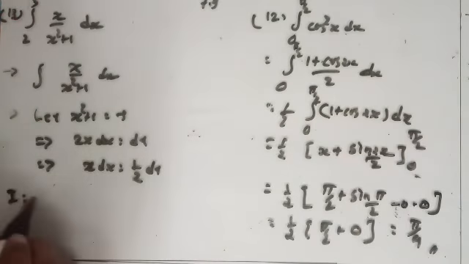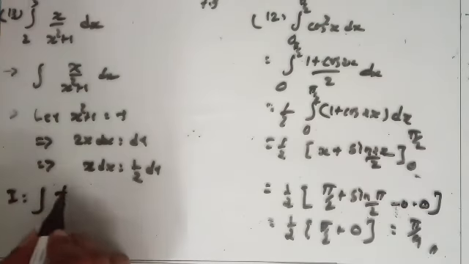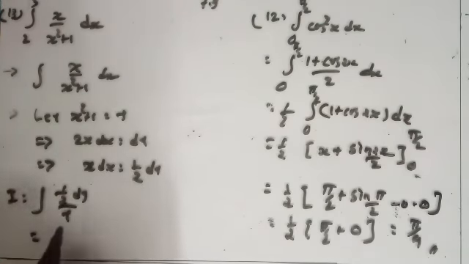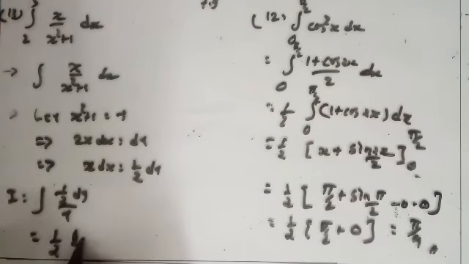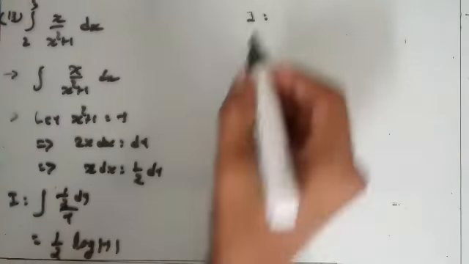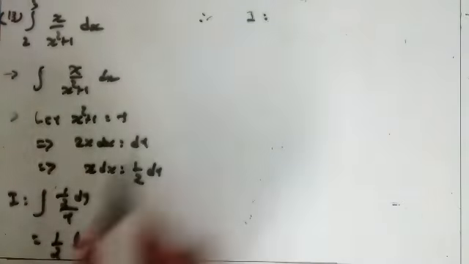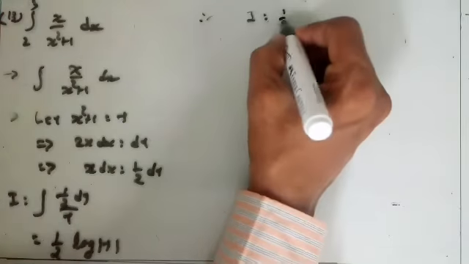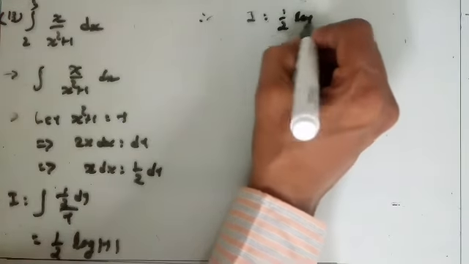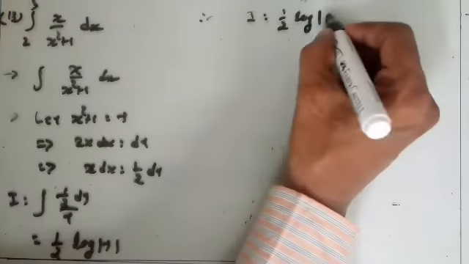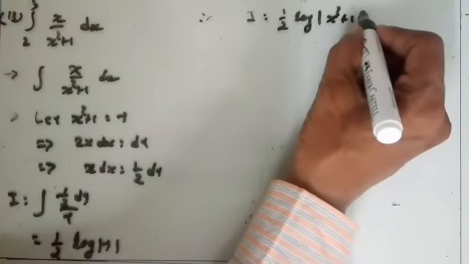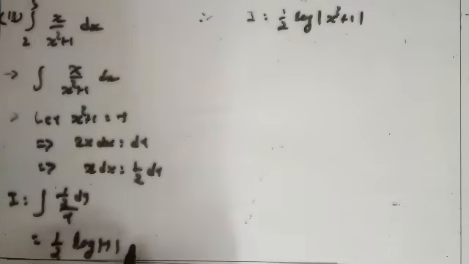So the integration becomes 1 by 2 dt upon t. So it is equal to 1 by 2 take outside, the integration of 1 upon t is equal to log mod t. Clear? So the integration becomes 1 by 2 log mod t, where t is equal to x square plus 1. Clear? Plus c.